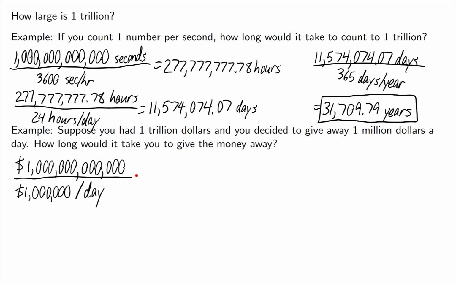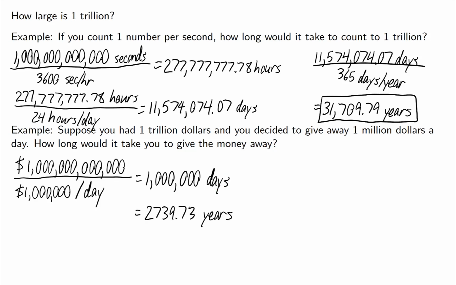Some of the zeros cancel out, and you see that we would end up with 1 million days. Fortunately, we've already made that conversion. We found that this was 2,739.73 years. So if you had $1 trillion, and every day you picked one lucky person to give $1 million, you would have to take 2,739 years to give all your money away. You wouldn't run out of it.